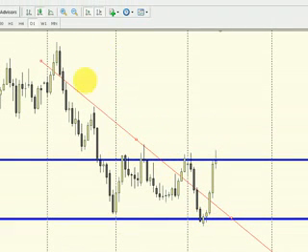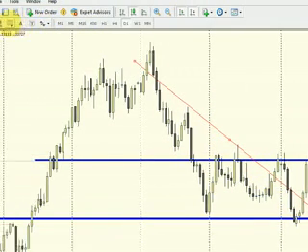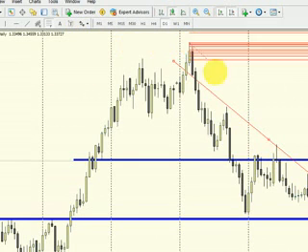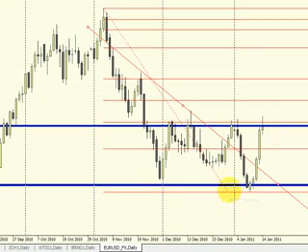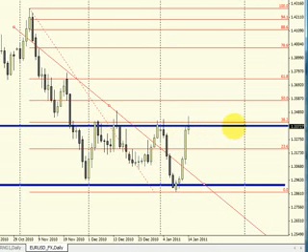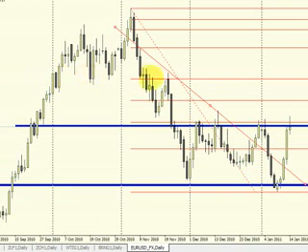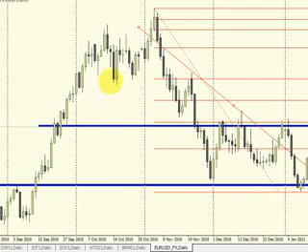Then we've got Fibonacci retracements. As you can see, we probably have another support and resistance.